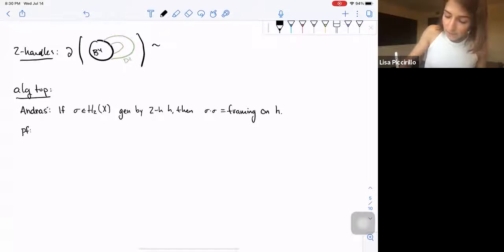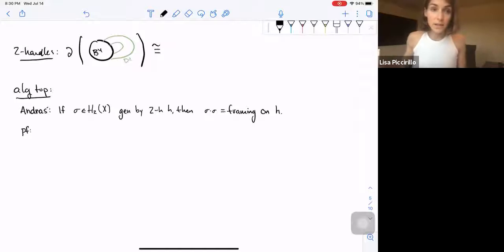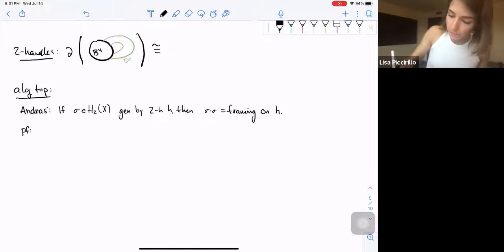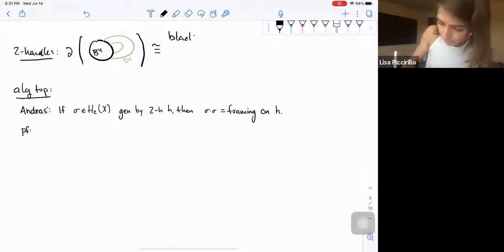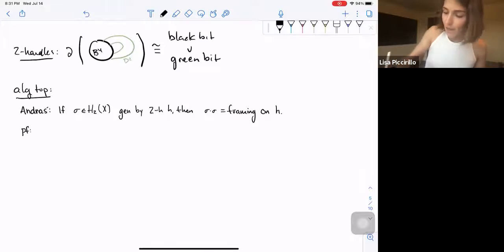And this is not that hard to write down, even just from looking at the schematic. I mean, when I look at the schematic here and I ask, all right, what's the boundary of that space, what I see is that there's a black bit and there's a green bit. And that is correct, but we can be a little more precise about what those are.